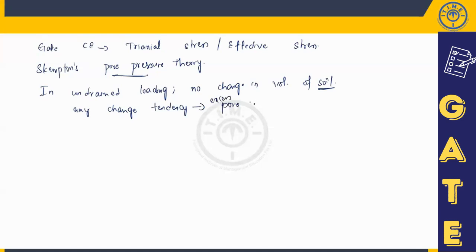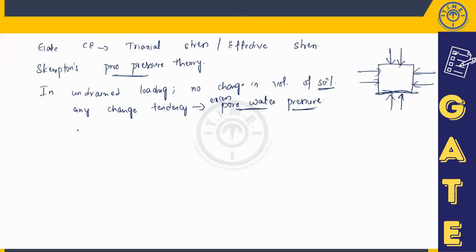Understood? In undrained loading, when no drainage is allowed, pressure is applied on water, but water is unable to move out. So pore water pressure develops. Clear or not?